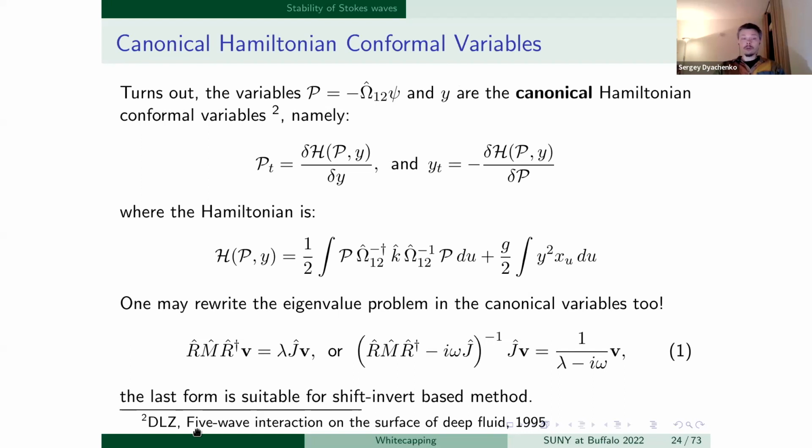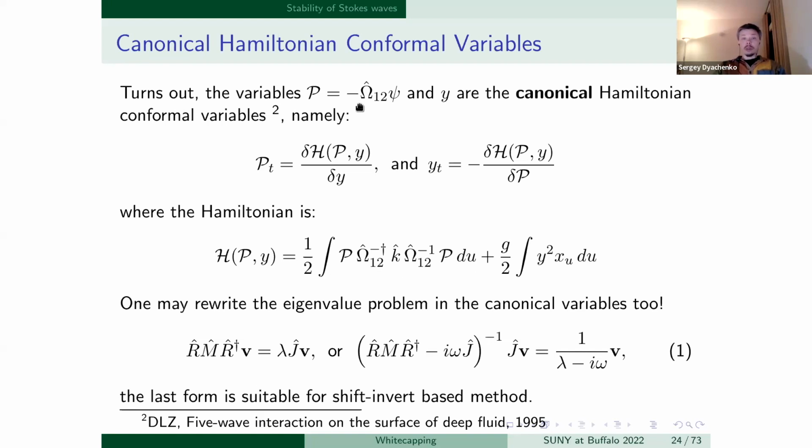This was found in the work of Dyachenko, Lvov, Zakharov in 1995. The Hamiltonian can be written down in the variables p and y, but it's not pretty. You have this omega 1,2 dagger, where dagger means the adjoint operator to omega 1,2. So it's not particularly nice, but it's a doable exercise.